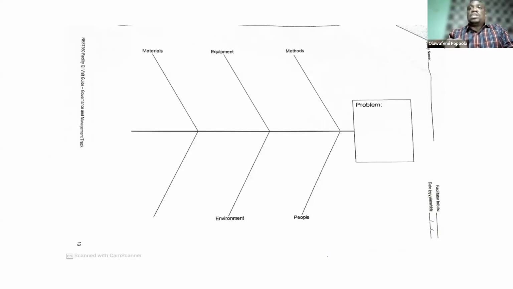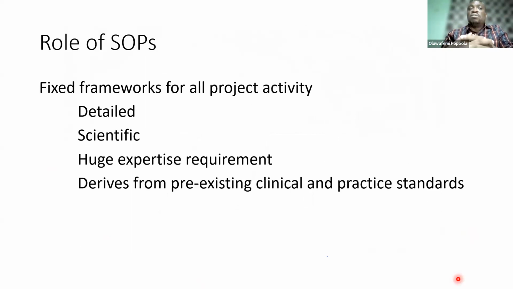Okay, so finally, I'm just going to say one word about SOPs. I know we're all experts on SOPs and we use them a lot with our clinical trial processes. SOPs are fixed frameworks for all project activities, and they're invaluable in the design and conduct of clinical trials.